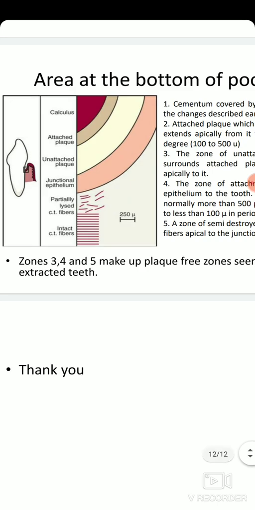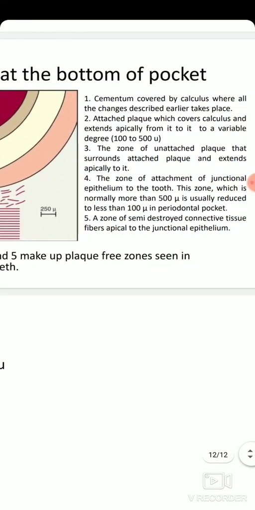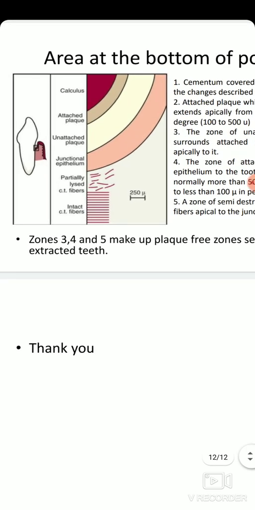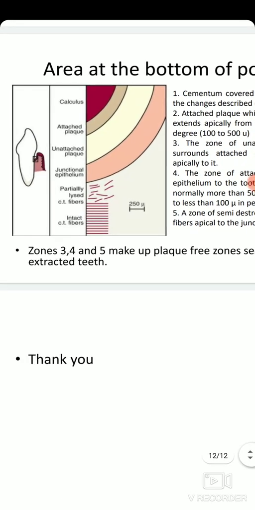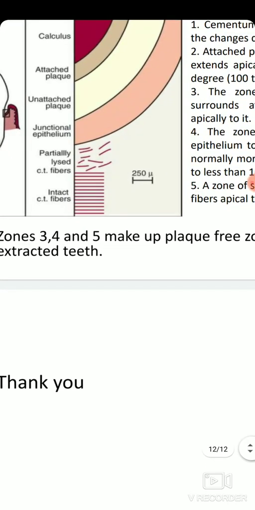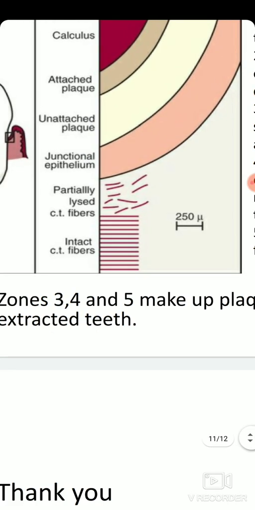The fifth zone is semi-destroyed connective tissue fibers apical to the junctional epithelium. Zones 3, 4 and 5 make up plaque-free zones, which are seen in extracted teeth.